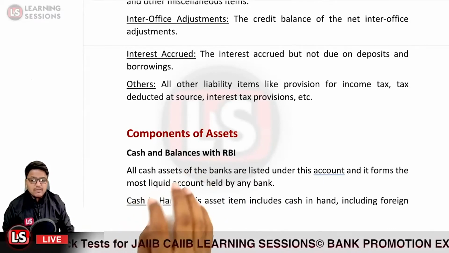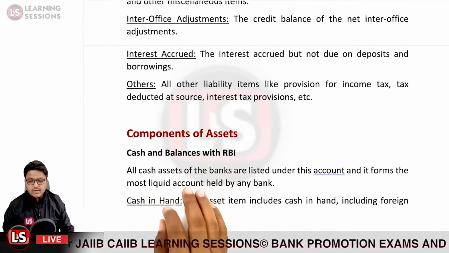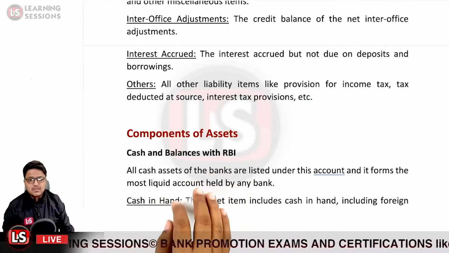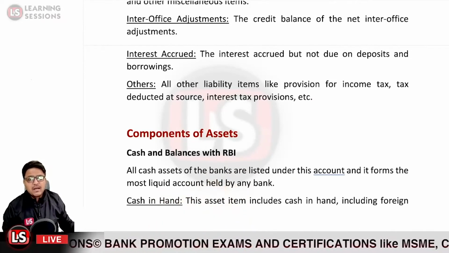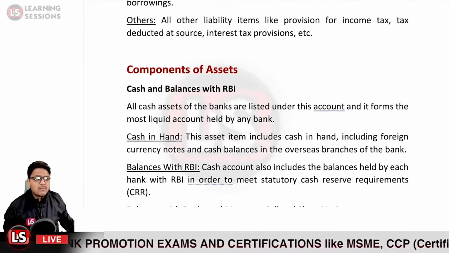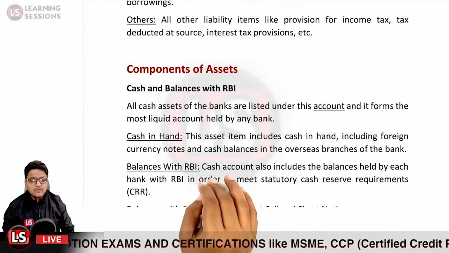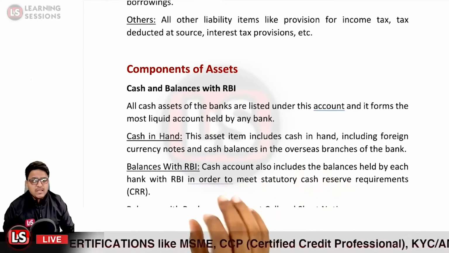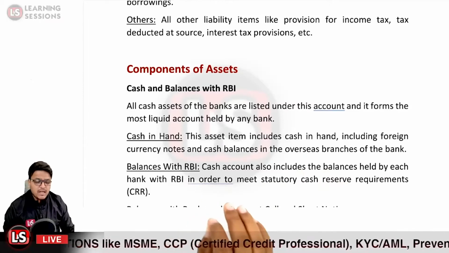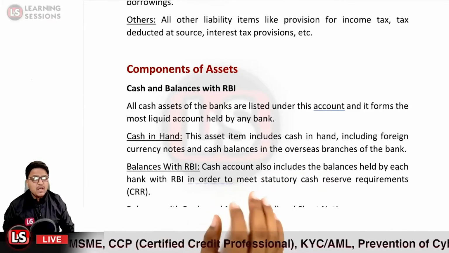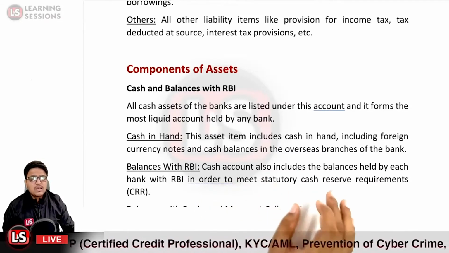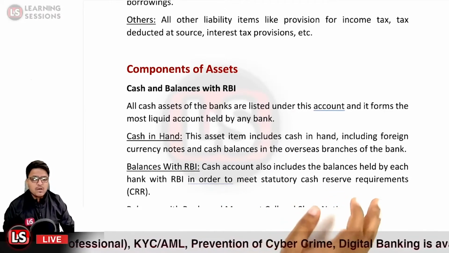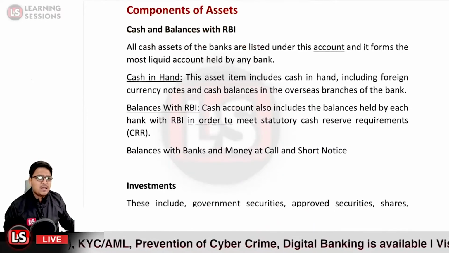Other than that, balances with the Reserve Bank of India are also an asset. Cash also includes the balances held by each bank with the Reserve Bank of India to meet the statutory cash reserve requirements.